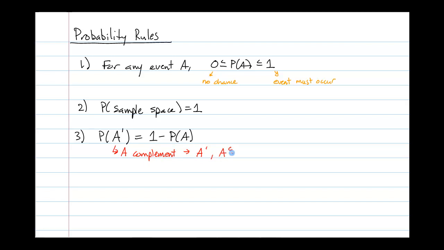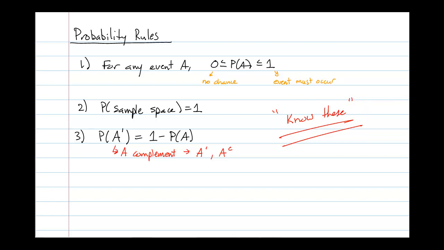Sometimes you'll see an A with a little c to represent complement, but any of those ways to represent a complement works. So if we knew the probability of a girl was 50%, the probability of a boy would be 1 minus 50. Probability of not girl would be another way to say that, would be 1 minus 50% or 50%. So these are our 3 rules of probabilities, and you'll definitely want to know these. Good fill in the blank or something on a test or a quiz. So know these. They're very important.